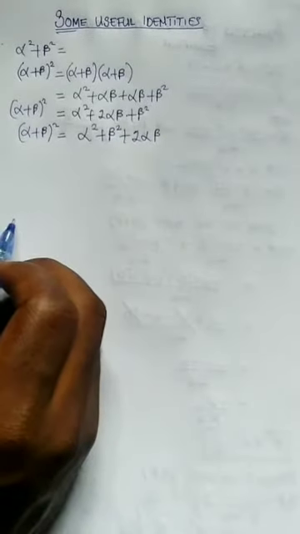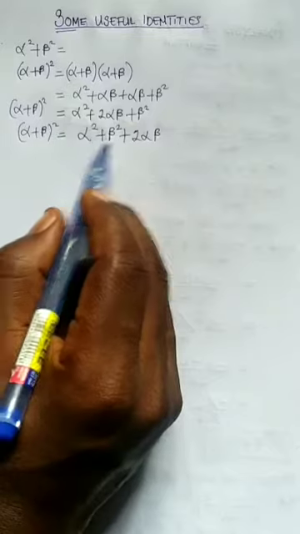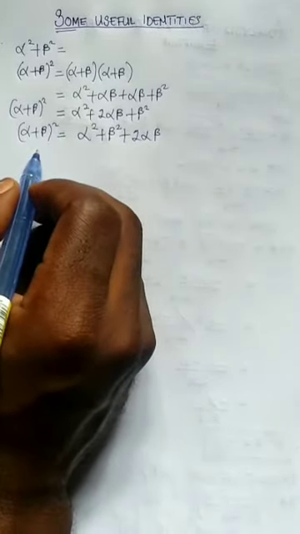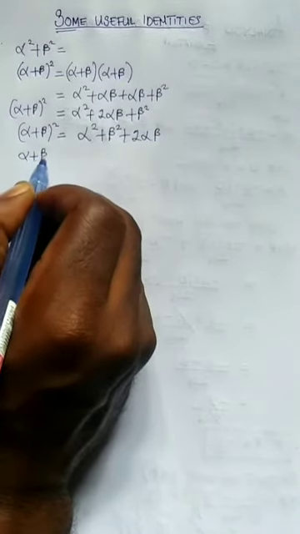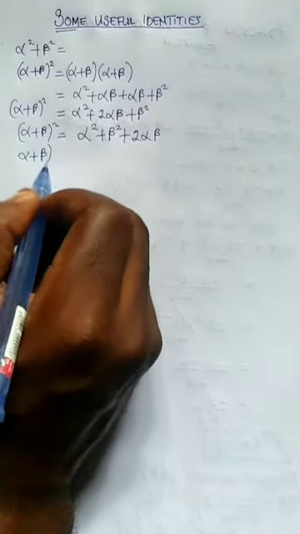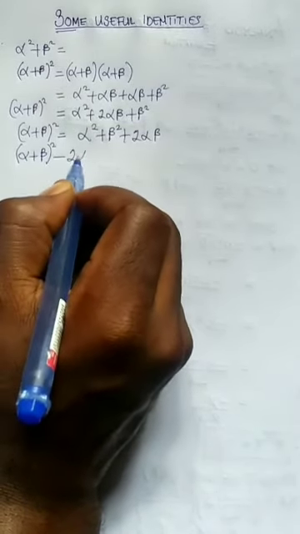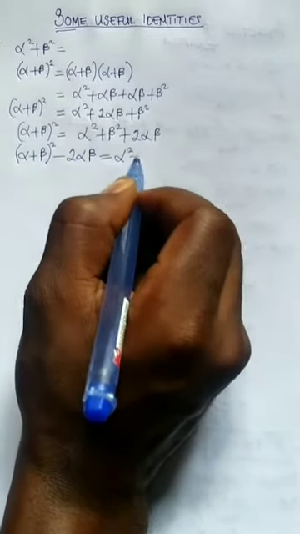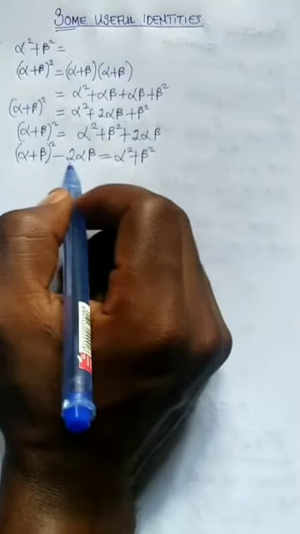I've rearranged it. Now I need this 2 alpha beta to remain in the left hand side, so I'm taking this to the other side. So this will give me alpha plus beta all square minus 2 alpha beta equals to alpha square plus beta square. So when this is coming here, it becomes a negative.